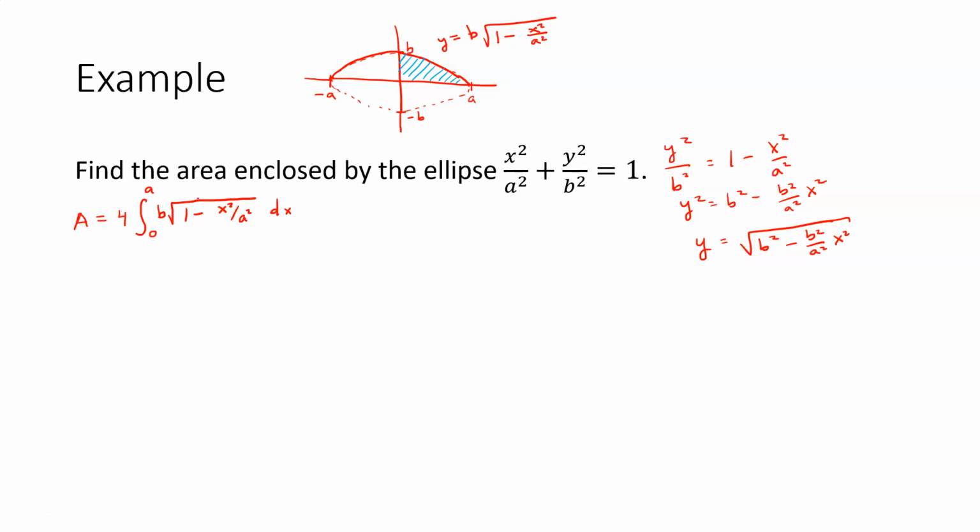Now this looks like it's in that form that we had before, where it is in the a squared minus x squared form. In fact, to get it more into that similar form, I can combine these two terms here, 1 minus x squared over a squared, getting a common denominator there. I think that might make this look a little bit nicer.